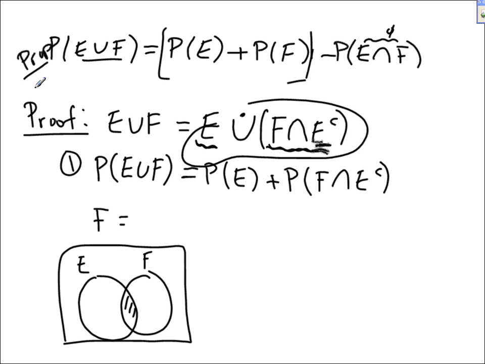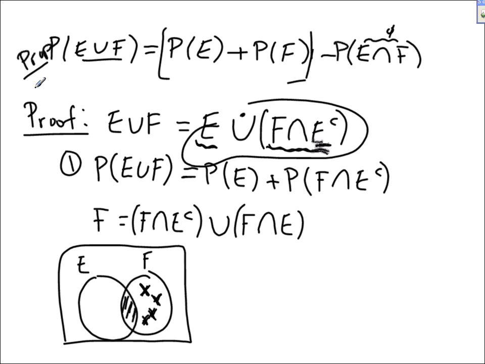You have this part, which is in E, and then you have this part of F, which is not in E. And they're disjoint, where I put the slashes and the X's. That is, F is equal to F where these X's are not in E: you're in F and you're not in E, or you're in F and you're in E.